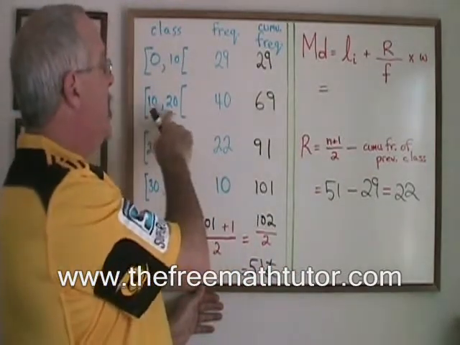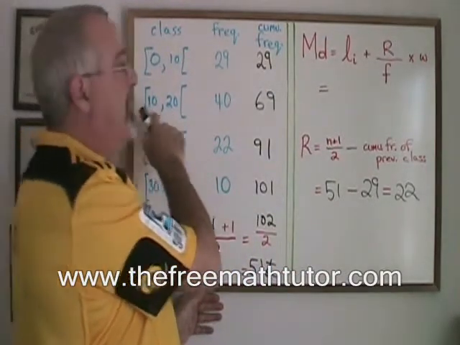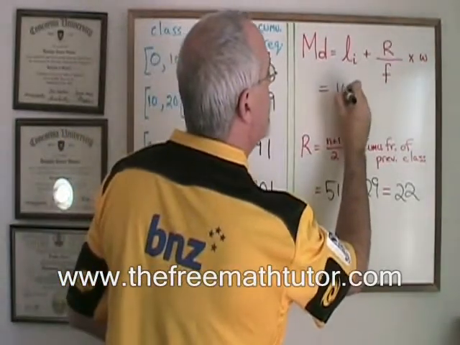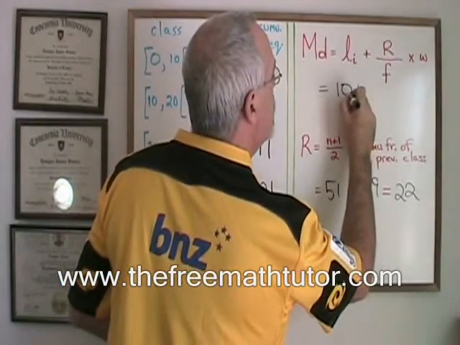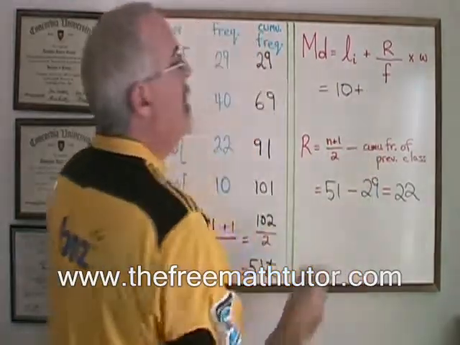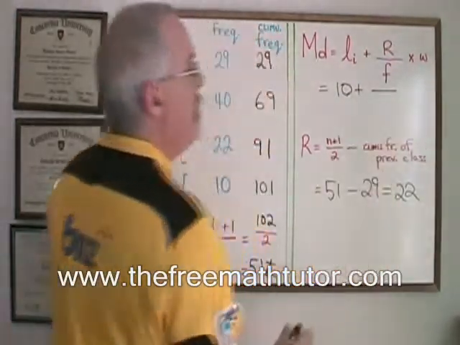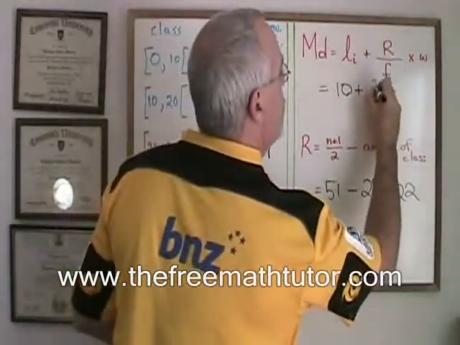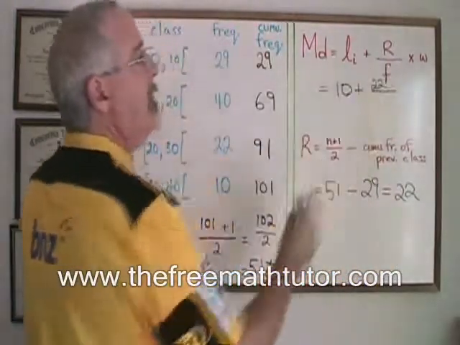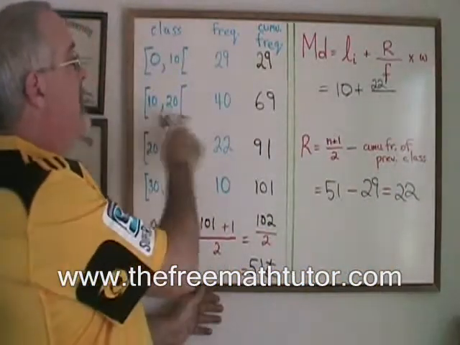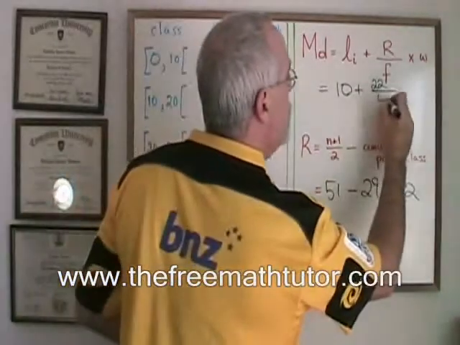Since this is our median class, its lower limit is 10, so we replace our L sub I with 10. The rank is this 22 that we found before, and the frequency is the frequency of the median class, which is this 40.